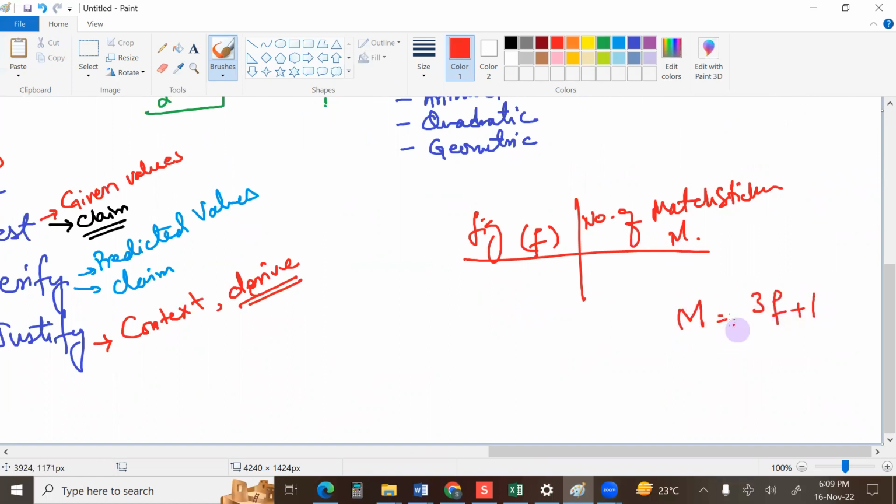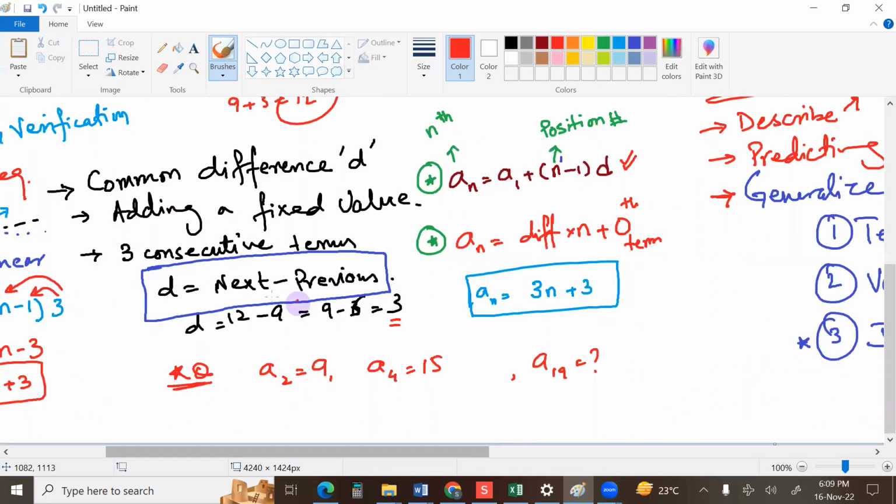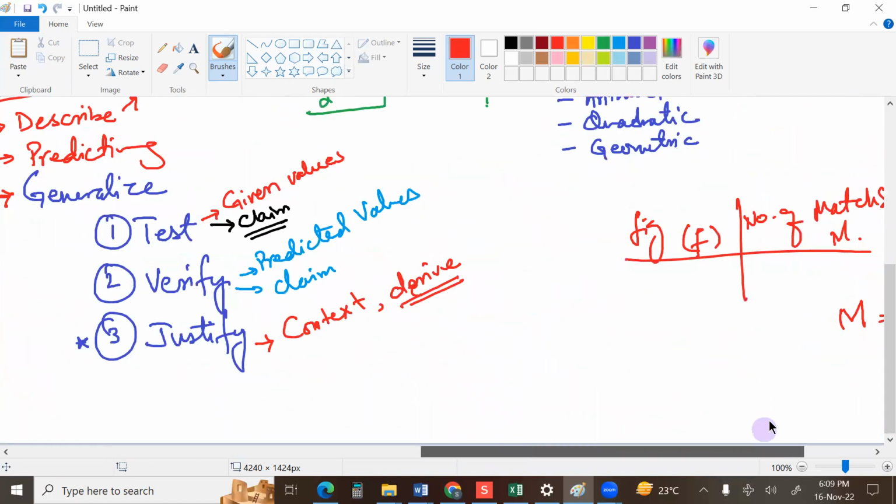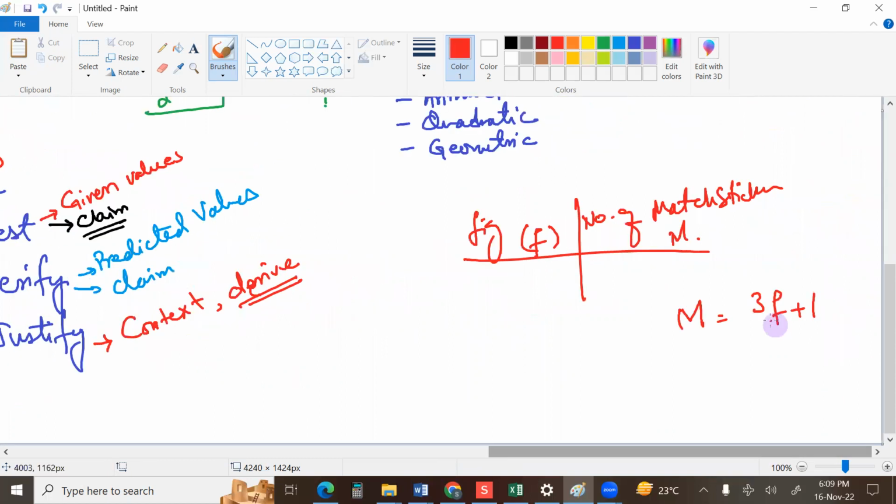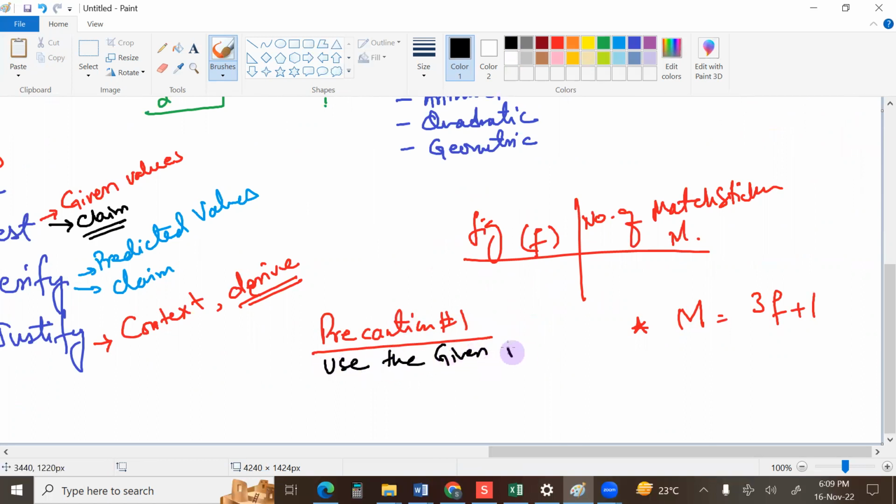Clearly, that n that we use to practice a lot for our general rules is there no more. We are not writing n anywhere. We are also not writing an. We have to use the same variables as given. That's precaution number 1. Please write it down. Precaution number 1 is to use the same variables as given. Use the given variables, not necessarily m or n or an.